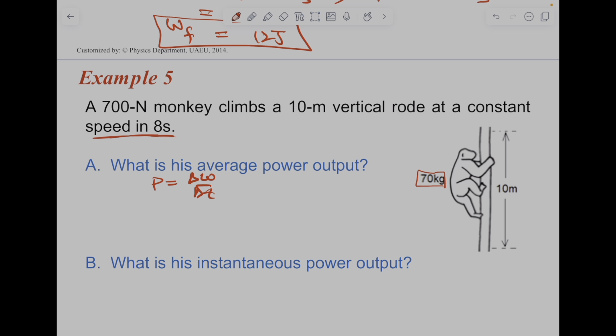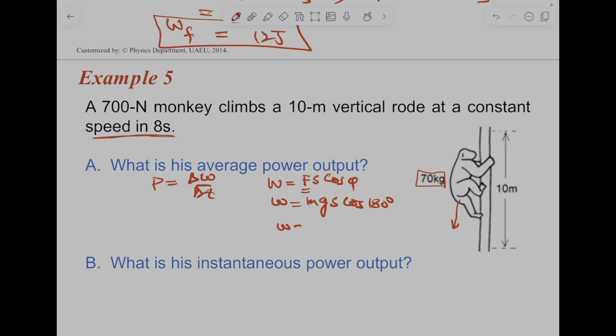Okay, so this work is done against the gravitational force. The work done is F s cosine phi. The force is in the downward direction, and the monkey is covering distance in the upward direction, so your angle is 180, and your force is your weight mg, times cosine of 180 degrees.